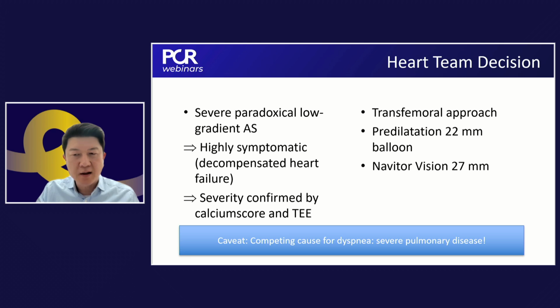If you choose another self-expanding long stent frame valve, you might not be aligned exactly with the previous prosthesis, and then you might have difficulties getting coronary access. It is possible, but yeah.